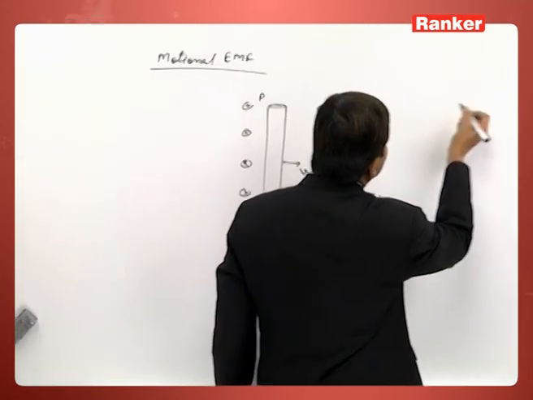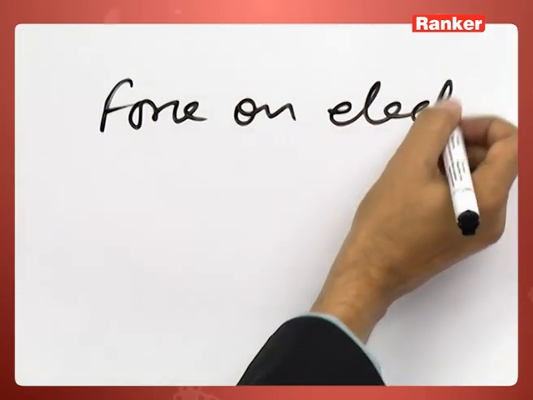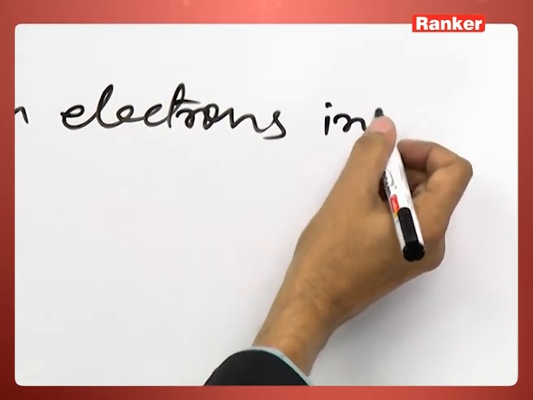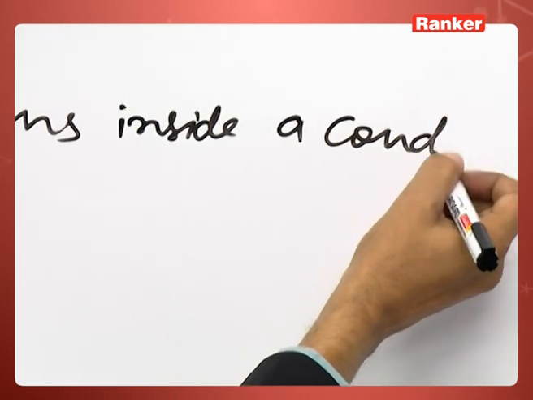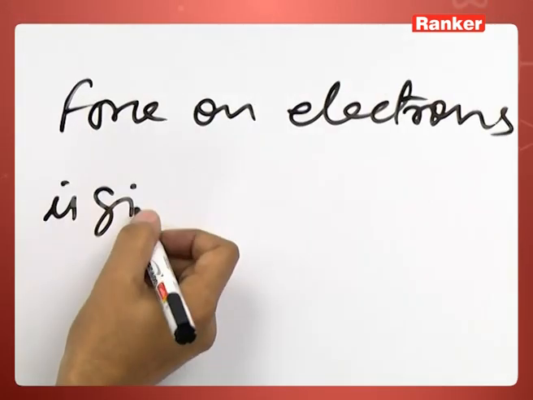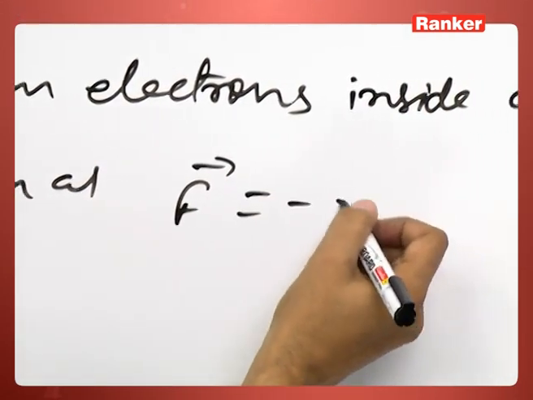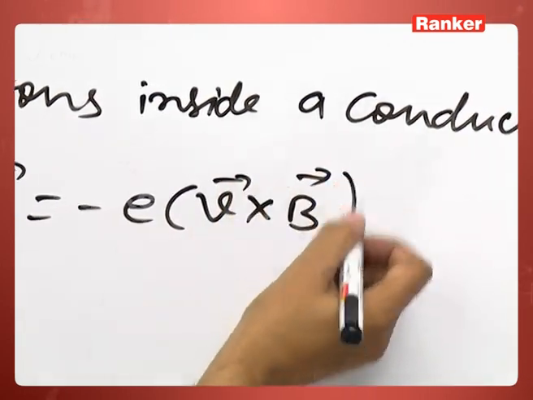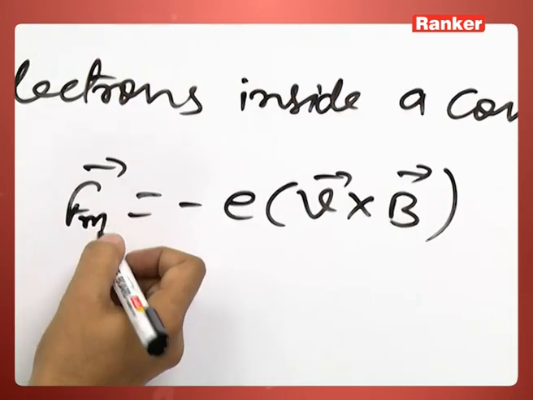So the force on electrons inside a conductor is given as F is equal to minus e V cross B. This is the magnetic force, so we can say Fm.